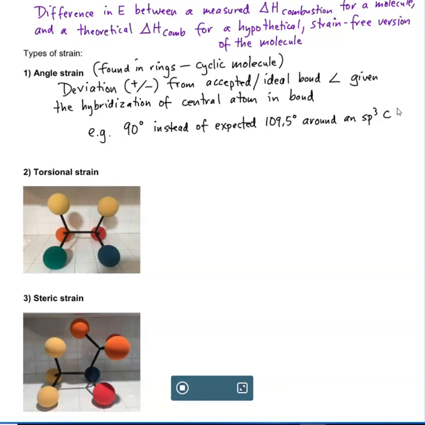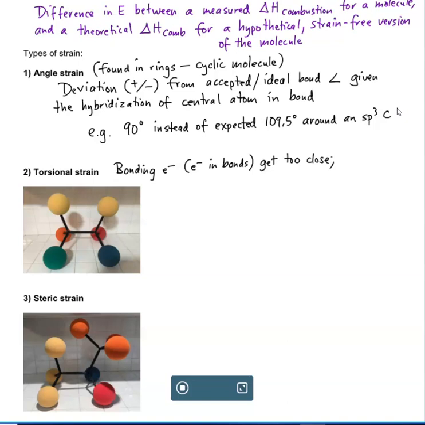The next type of strain we'll see in both rings and things that are not rings, and that's called torsional strain. So let me define what this is for you, and then we're going to take a look at this picture and look at some other things. So in torsional strain, what's going on is the following. Bonding electrons, that is, electrons that are in bonds, get too close to one another.